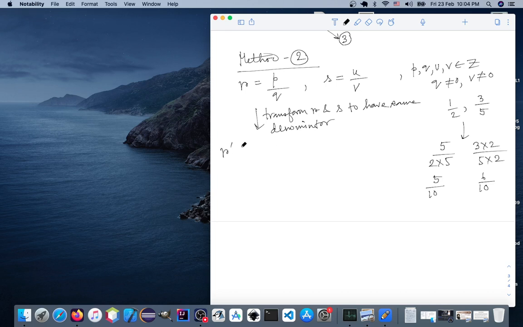After transformation, let's say this becomes p dash, and since the denominator will be the same, let's say this is d, and s becomes some u dash, and of course the denominator will be the same.